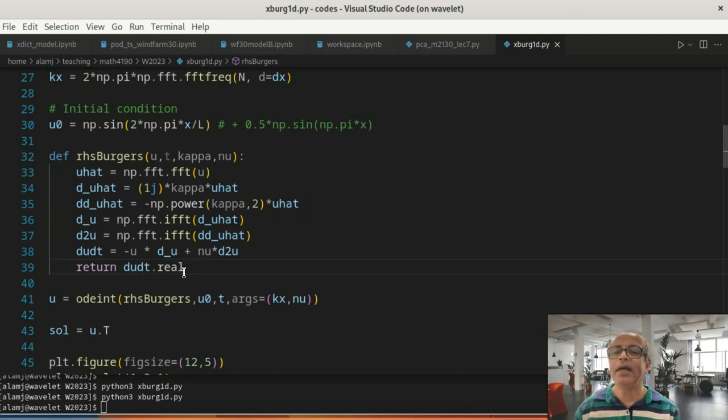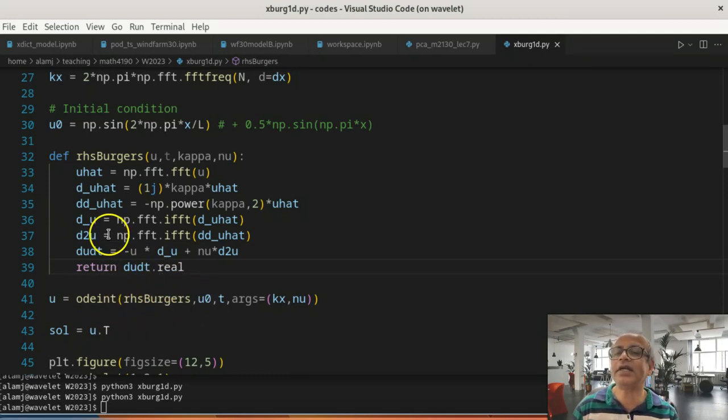I have calculated the right-hand side of my PDE, and from this example I can actually solve any 1D PDE. I can just calculate the right-hand side. It's very straightforward. Now on line 41 I call odeint. So I say odeint, RHS Burgers.